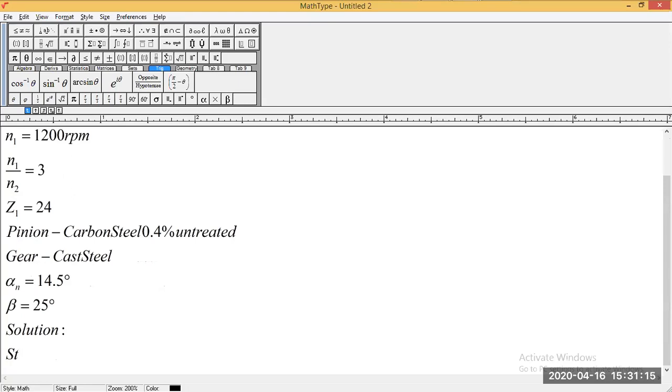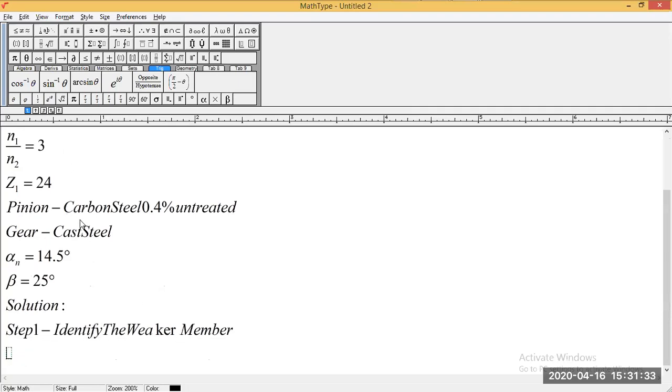So step 1 is to identify the weaker member. Since there are 2 different materials given in this question, we have to find it.